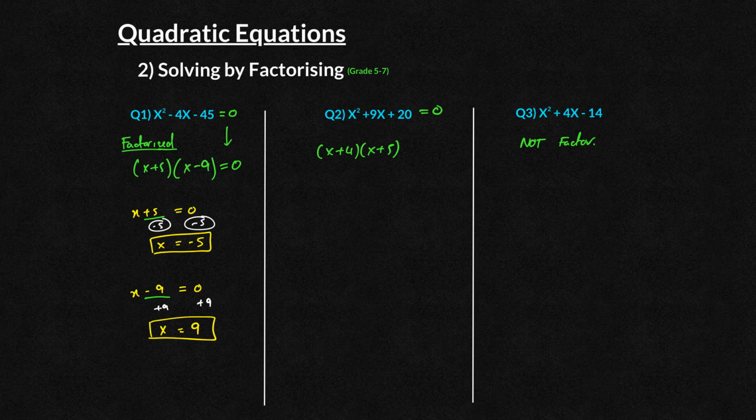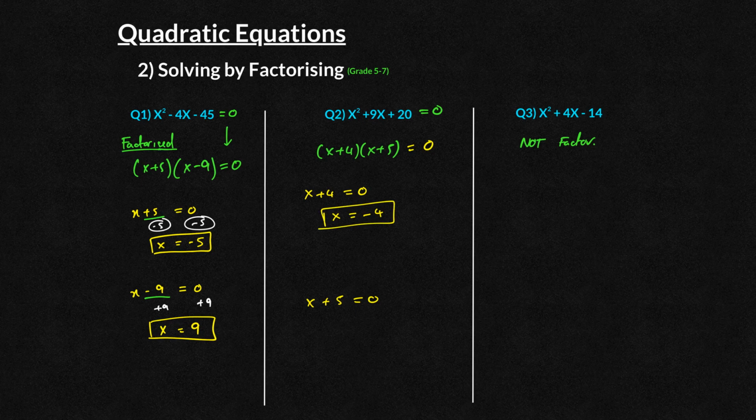Okay, moving on to question 2. We've got x plus 4 and x plus 5. Again, when we're solving, set equal to 0. We need to split: x plus 4 equal to 0, x plus 5 equal to 0. So then again, get rid of the positive 4, we take that away. So we have x equals negative 4.